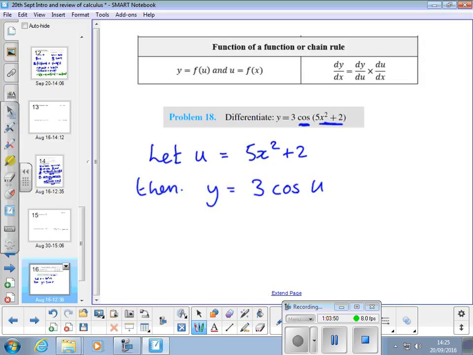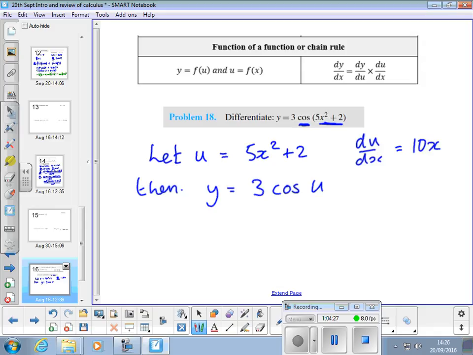So we got rid of one of the functions and assigned to it an arbitrary variable u. du by dx, so we differentiate what we've set to u. So differentiate 5x squared, 10x, and the 2 disappears.